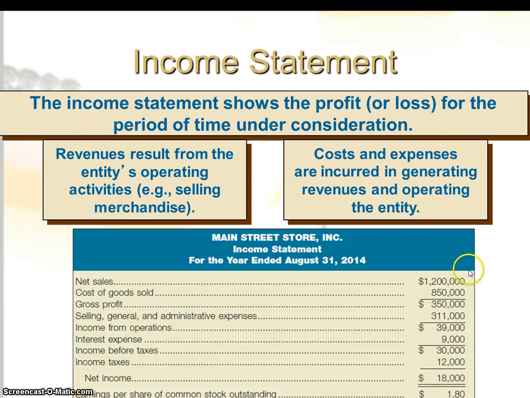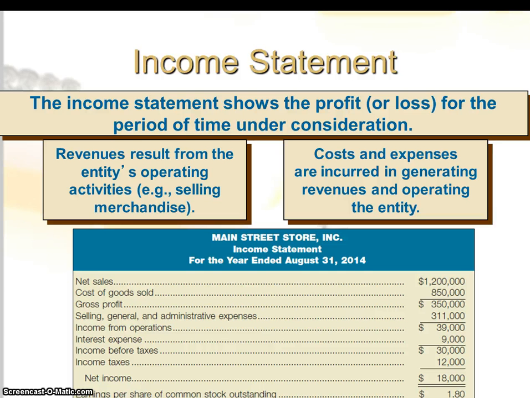In this example, you'll notice that there's a couple of subcategories. Again, the basic premise is net income. You arrive at it by taking revenues minus expenses. But they go through a couple of steps to arrive at gross profit, income from operations, income before taxes, and then net income. So this is kind of a stepped approach. So I would encourage you to look at your income statement to see what sort of subtotals management uses to communicate this net income information.